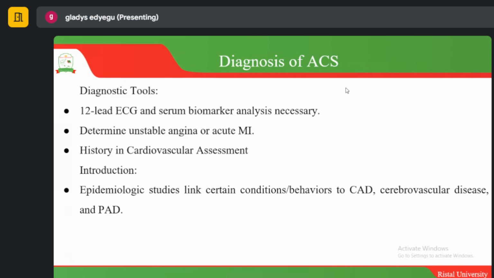Then to determine unstable angina and then acute MI. Sometimes a patient can come and tell you, I feel a lot of pain on the left-hand side of my chest. That can be angina, and angina pectoris is a very bad kind of pain that these patients experience when they have a heart condition, and it is associated with hypertension.